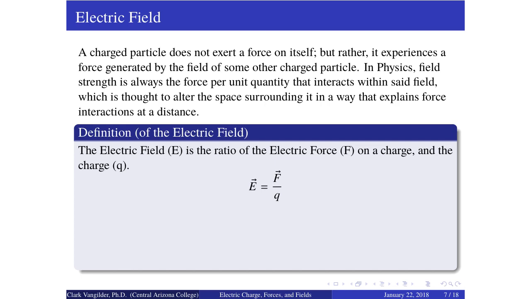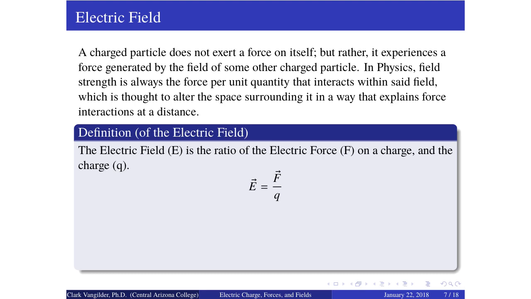So the definition of the electric field has the exact structure of every field force, in that it's always force per unit, whatever quantity interacts in that field. Last semester I showed you that the gravitational field force was force per unit mass.